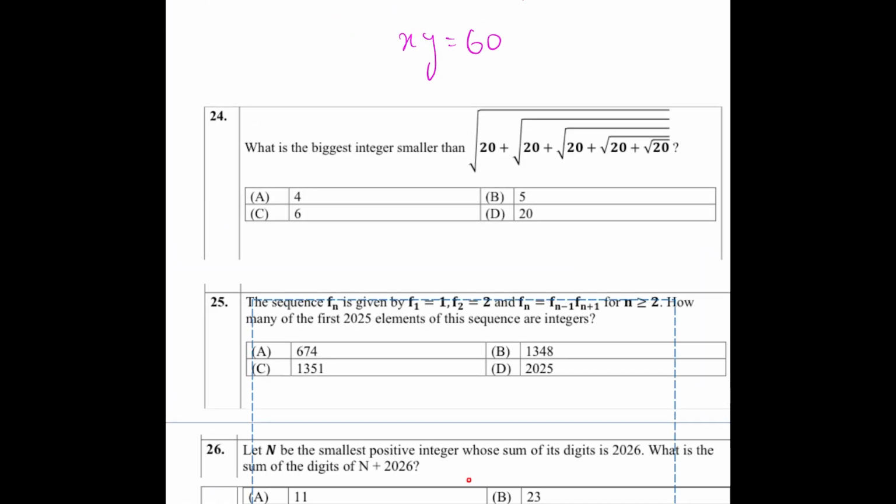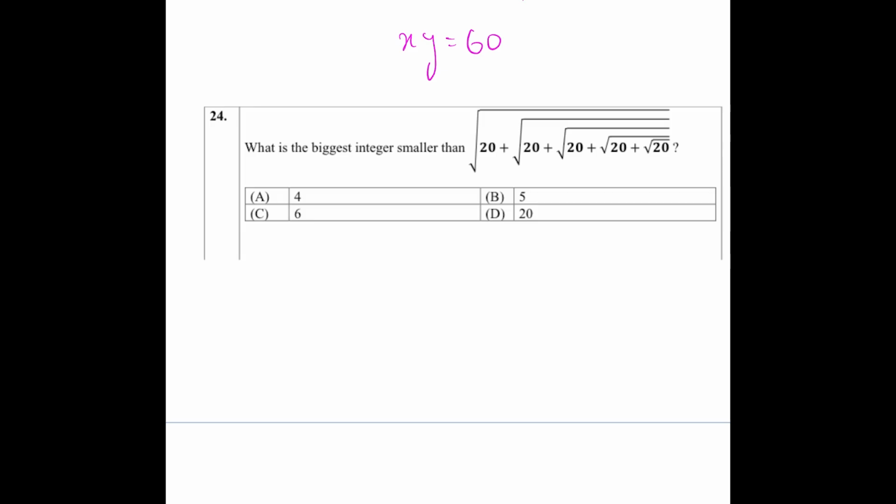Okay, so in the 24th question, we're asked what is the biggest integer smaller than this. Let's take this value to be X. All right, X equals this. X is obviously greater than root 20, right?